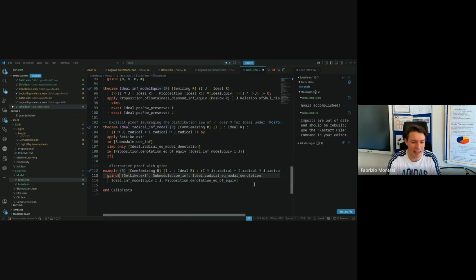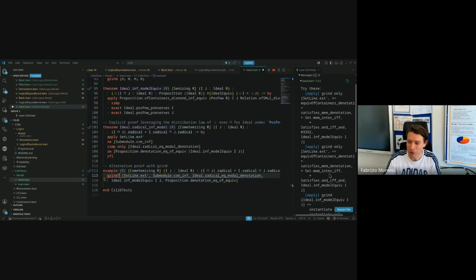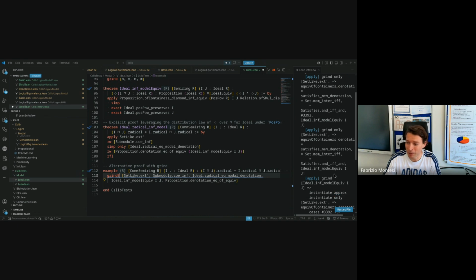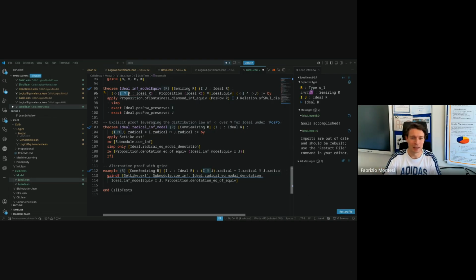I think the proof in grind is a tiny bit different because of how grind works. Actually, it has multiple ways of doing it. Interestingly, in one it uses intersection, so it's more direct, I would say. It goes directly and sees that it's a set, and then you get that this is the same as this, as I and J.